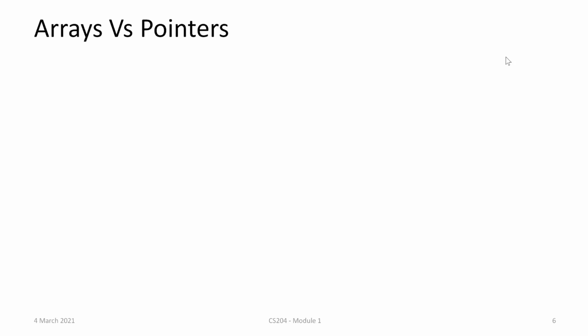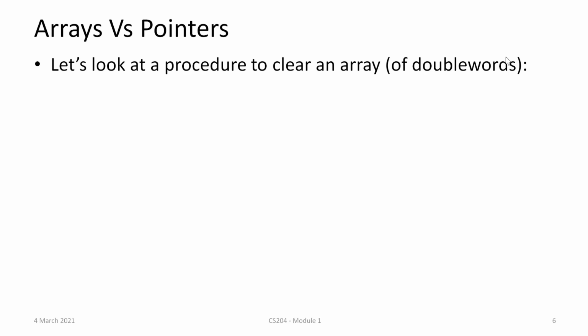With that, a discussion on whether we should use pointers or arrays. To understand that, we'll pick an example which is clearing the elements of an array, meaning all the elements of that array are initialized to 0, or reset to 0.